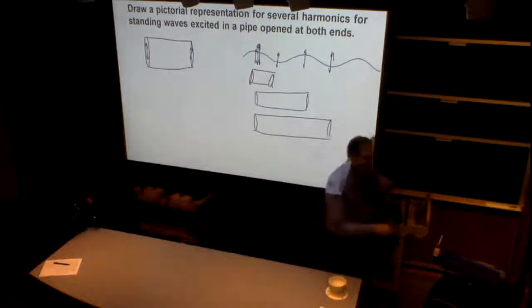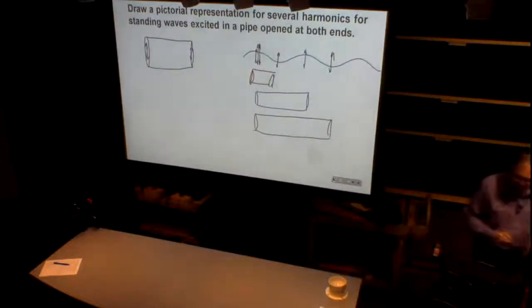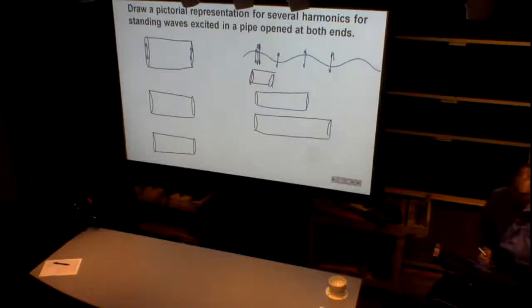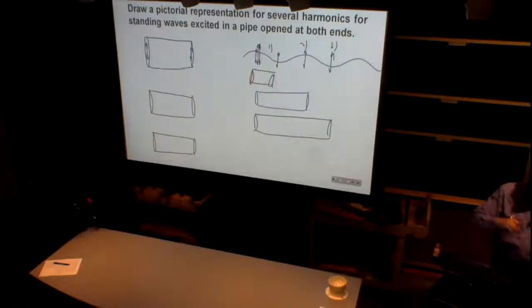And that requires imagination. So instead of drawing different pipes with the wave which has the same wavelength, we should draw three pictures with the same pipe with the waves having different wavelength. So this is case number 1, case number 2, case number 3. For case number 1, we have antinodes out of phase.